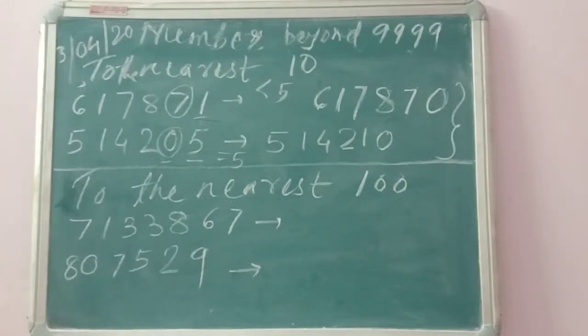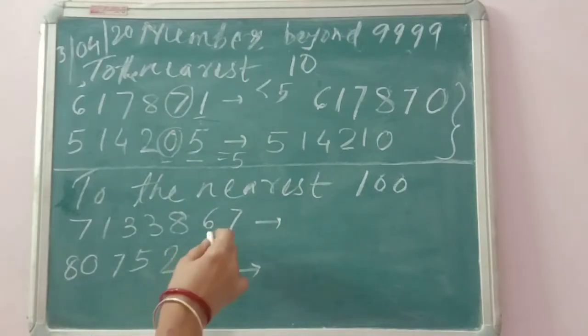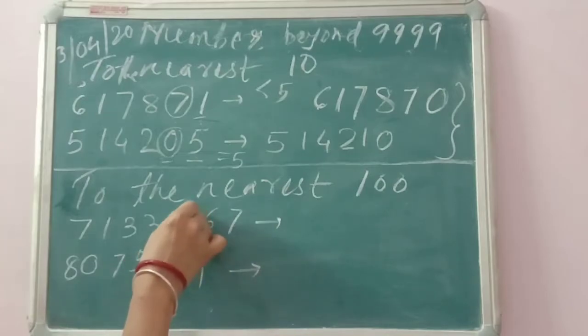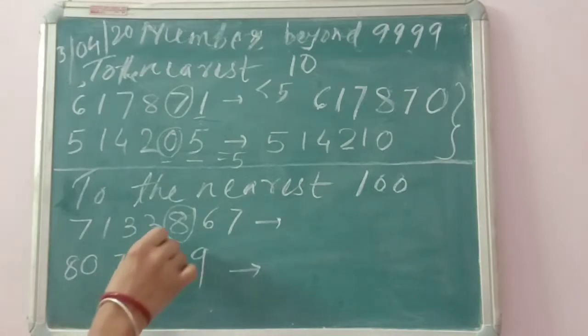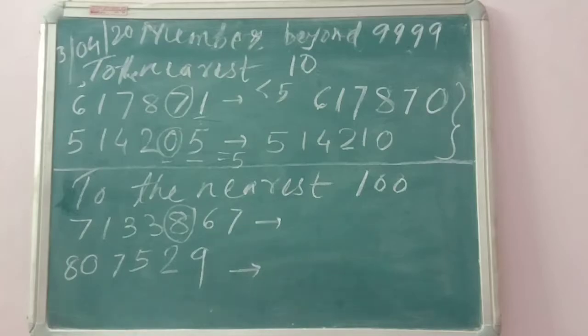Now let's see how to round off numbers to the nearest 100. Here, to round it to the nearest 100, the digit I have to round at is 8, because we have 8 at the hundreds place, and the digit which we have to check is 6, because the next digit is the one we consider.